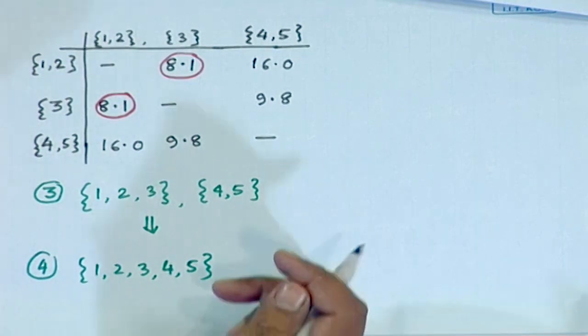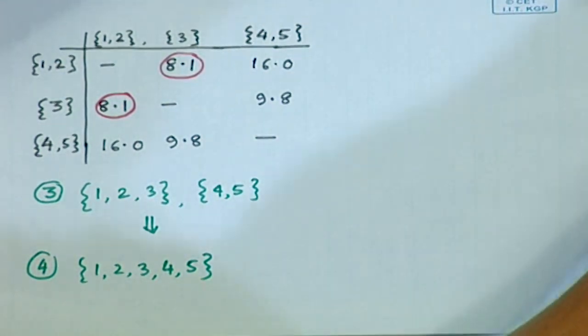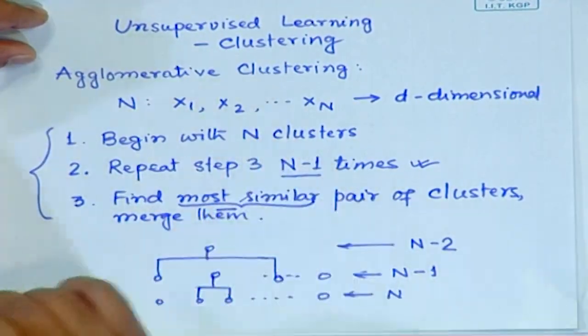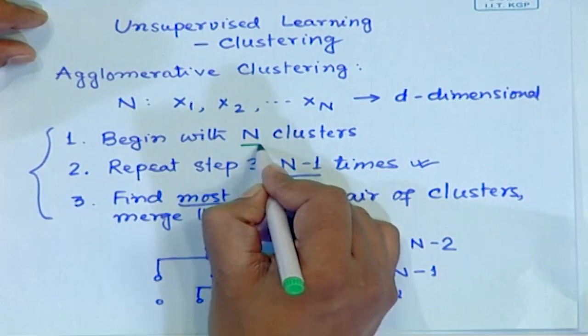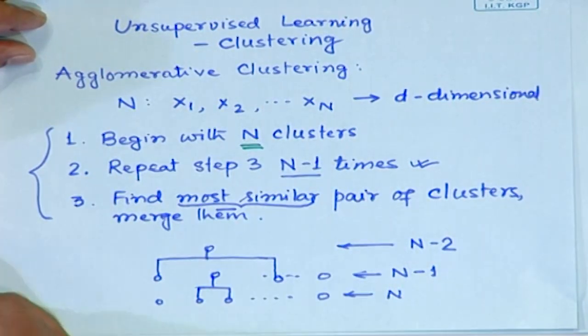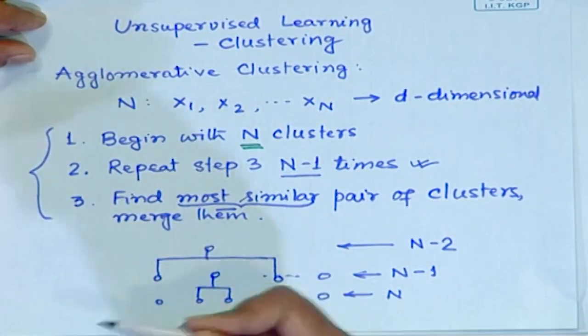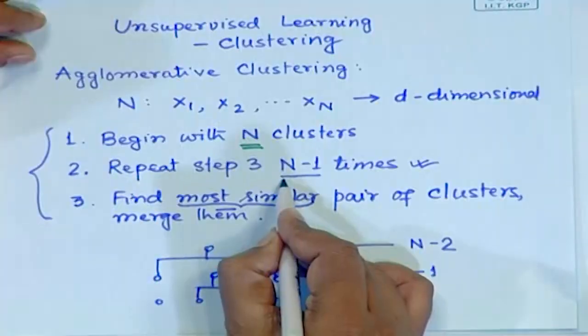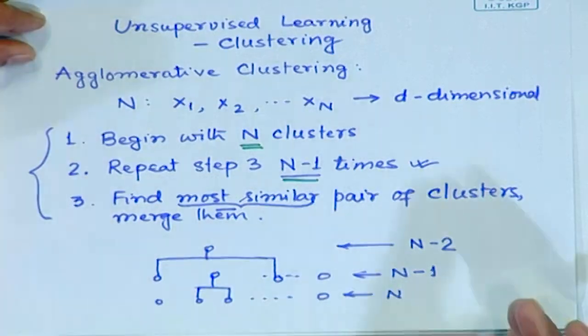Okay. So, now you see that the initial algorithm that we stated, that if I have n number of feature vectors, I start with n number of clusters and this merging of 2 nearest clusters has to be repeated for n minus 1 steps.